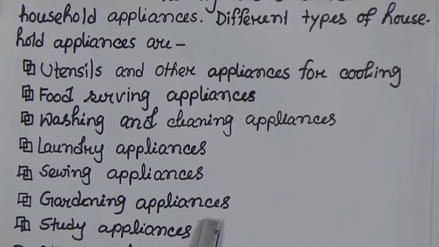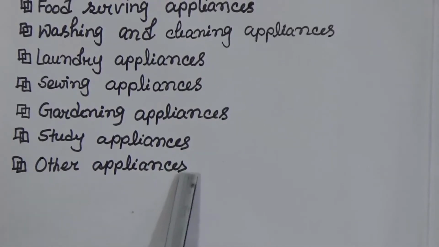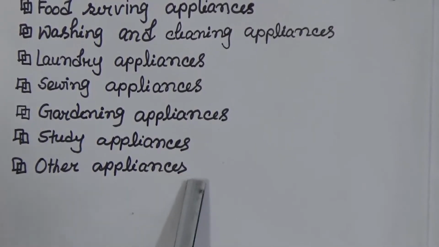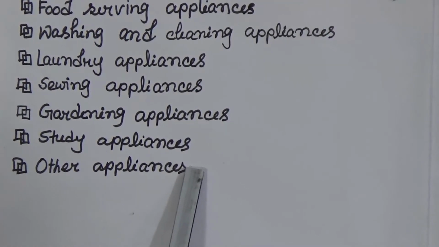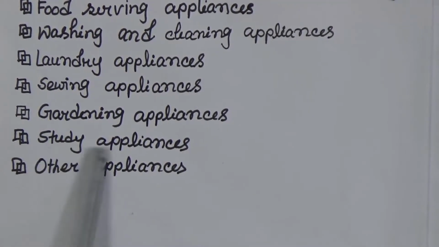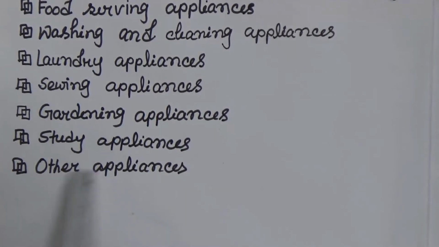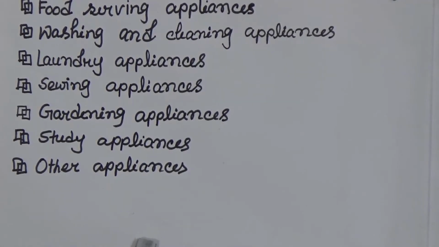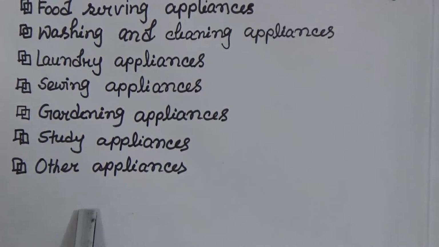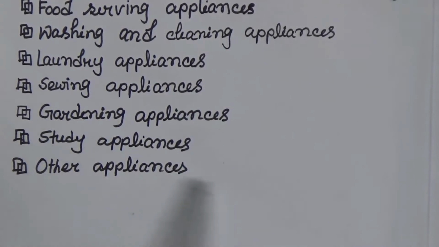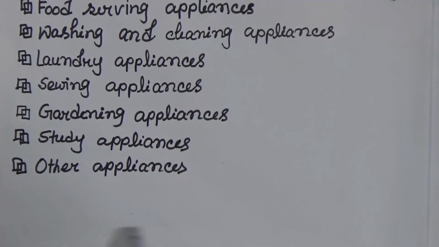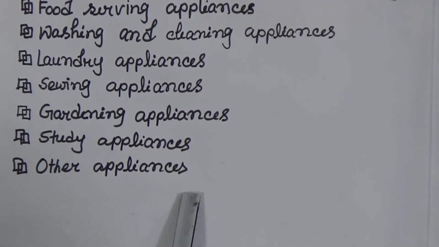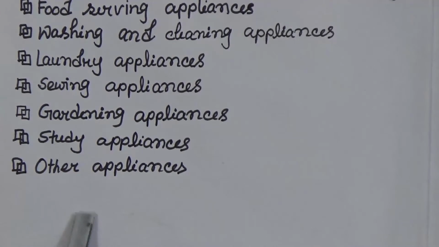Then this is gardening appliances, then study appliances such as the pen, pencils, books, then the exercise book also, okay, and the other appliances such as the first aid box, then the tester, then some toys also. Okay, all these things are actually different types of household appliances that are used in the houses.